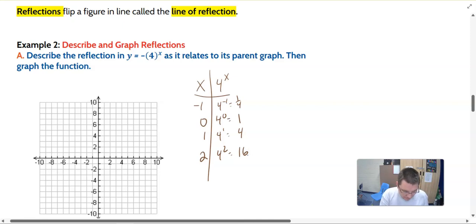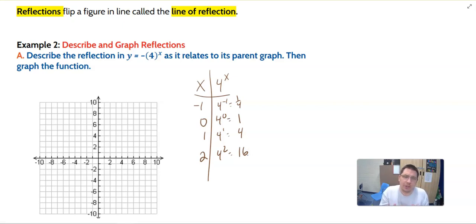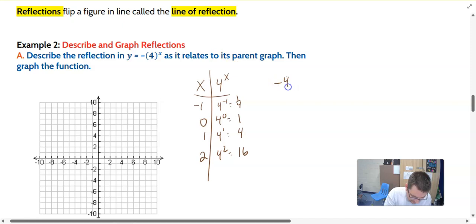But when I put that negative in front, remember, order of operations would make this happen after we do the power, and so doing -4 to the x, again, the negative being out in front, it's going to take all of these values and make them negative. And so we get -1/4, and -1, and -4, and -16.